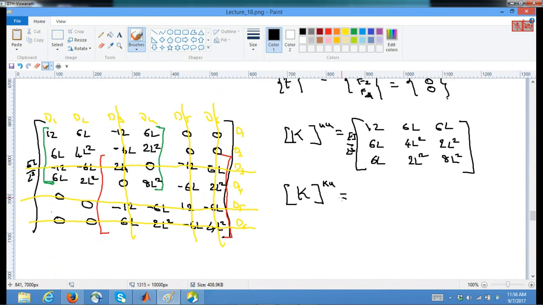So the K is EI by L cube, minus 12, minus 6L, 0, 0, 0, minus 6L, 0, 0, 2.